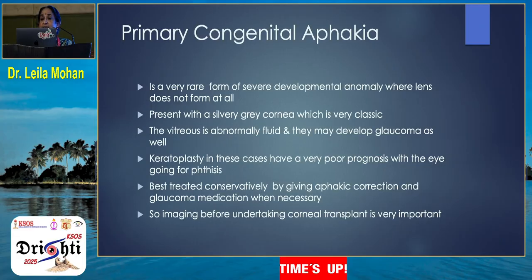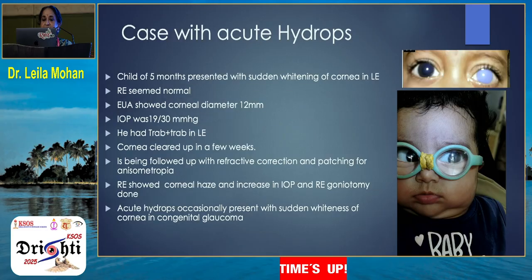So we did a B scan and found that there is no lens there at all. It is a primary congenital aphakia, which is a very rare situation, but a very severe developmental anomaly. Vitreous is abnormal. Keratoplasty often produces a very poor outcome. So in these cases, imaging is very important to know whether the lens is there at all.